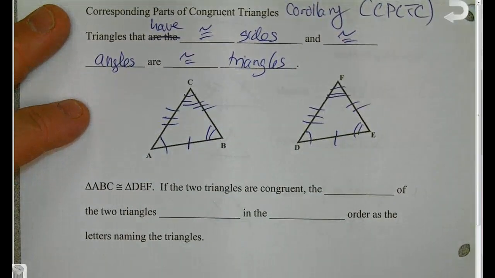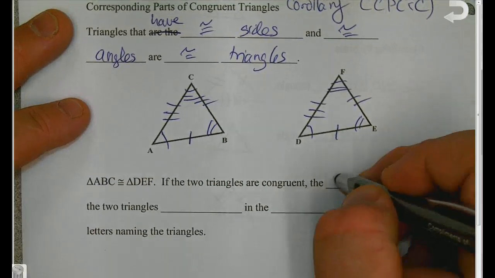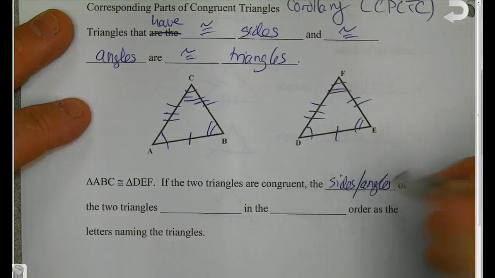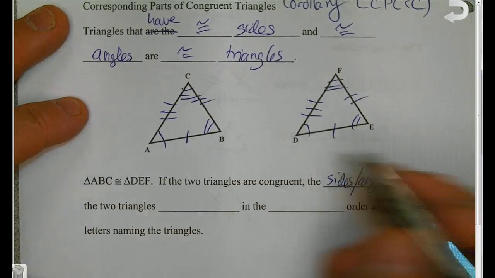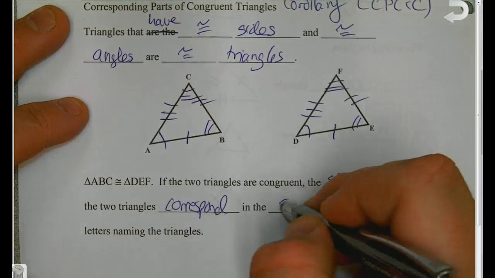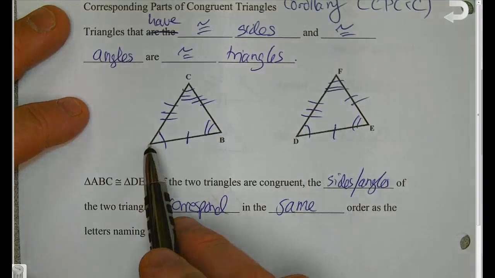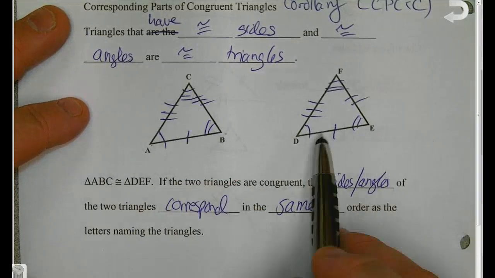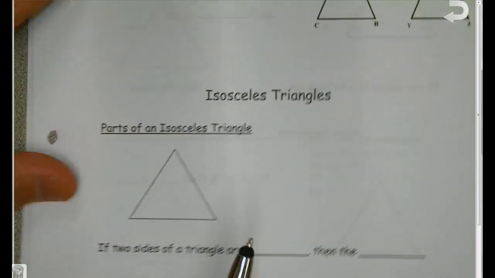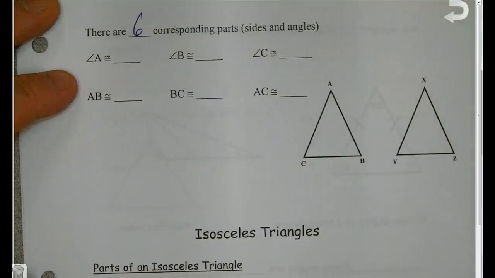Basically what that means is if two triangles are congruent, the sides and the angles of the two triangles correspond in the same order as the letters that name them. So like I said, if this is ABC, this is DEF. And as we talked about on the other side, there are 6 corresponding parts.